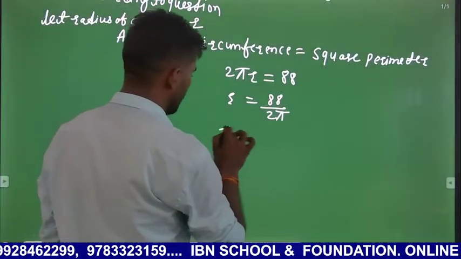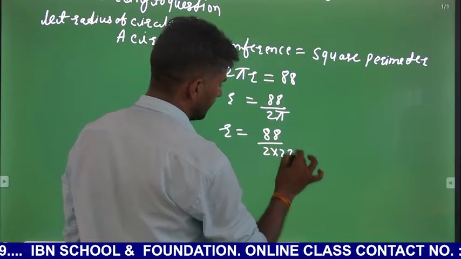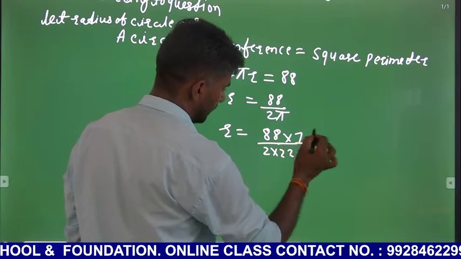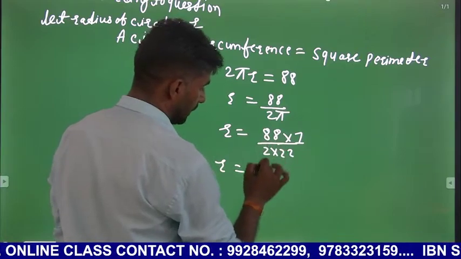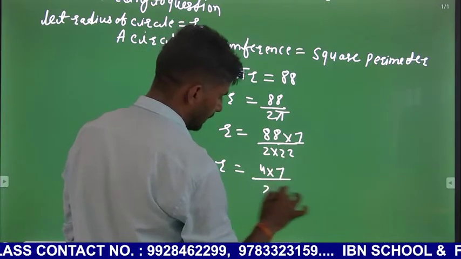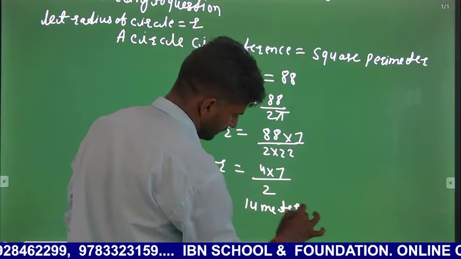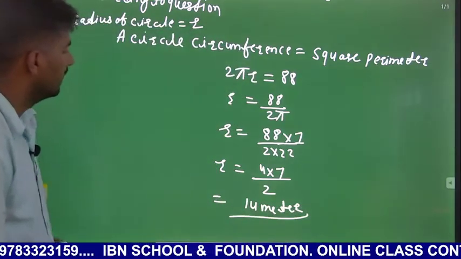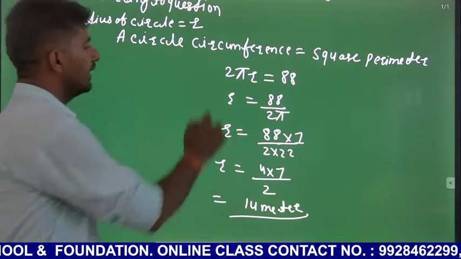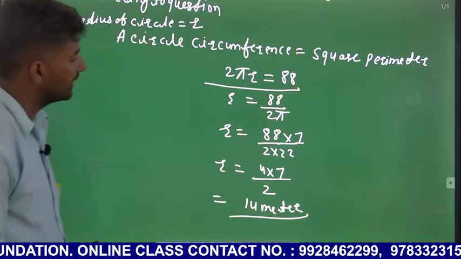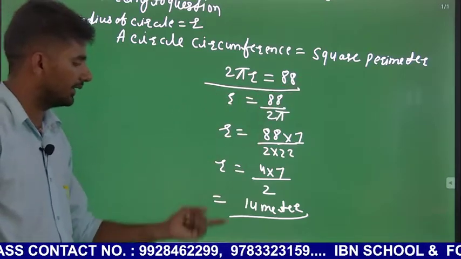Now we find the value of r: 2 multiplied by 22 over 7, going upside, r is equal to 4 multiplied by 7 upon 2, which is 14 meter. That means 14 meter is the radius of the circle, because the two perimeters are equal.